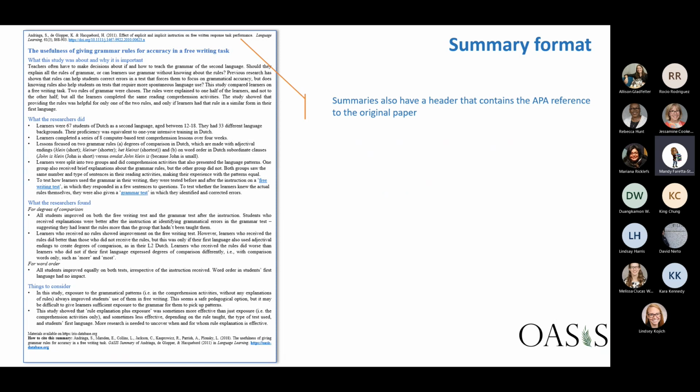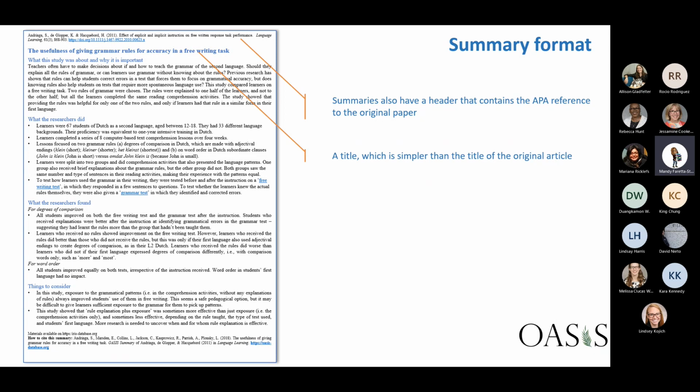All right. The summaries will also contain a header. It'll have an APA reference to the original paper because, of course, we want that link to be quite explicit. And then the summary will also have its own title that is simpler than the title of the original article. And I will say this is probably where I struggle the most, retitling my own papers.